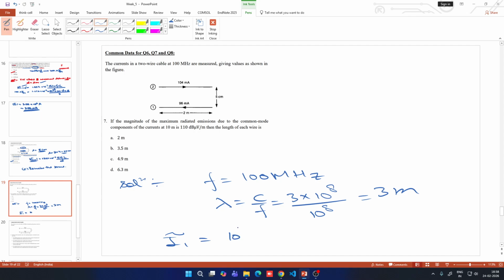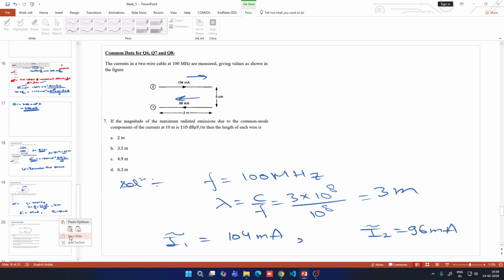I1 is given already in the problem as 104 milliamperes, and I2 is given as 96 milliamperes. If you observe, they are moving in opposite directions. In wire 1, the current is moving from left to right, and in wire 2, I2 is moving from right to left.